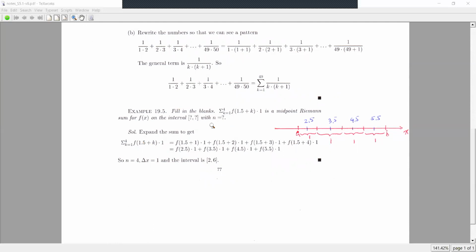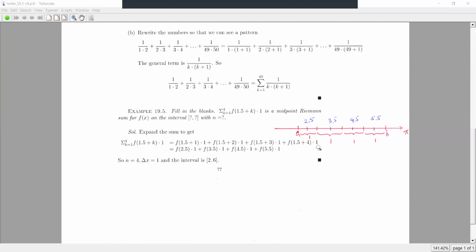Okay, first, let me expand this sum. When this sum has 4 terms, from 1 to 4, 4 numbers, so 4 terms. When k is 1, then I get the first term. When k is 2, f of 1.5 plus 2, then I get the second term. When k is 3, third term.